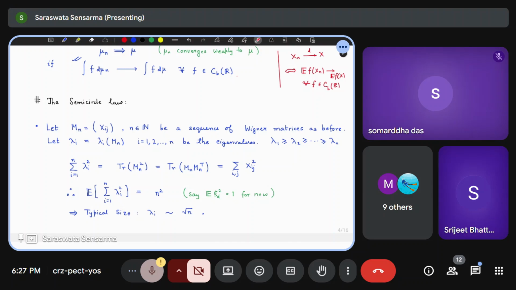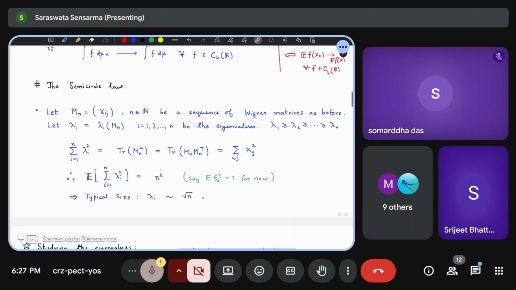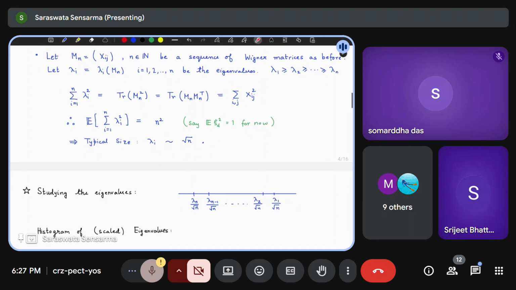So they're growing. To make sure that we have a controlled process, we must look at lambda_i divided by root n. We must look at this set so that we can get something out of it.